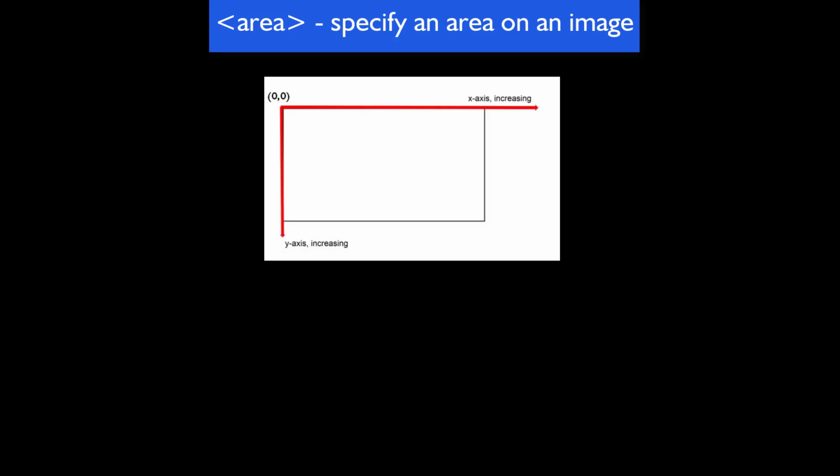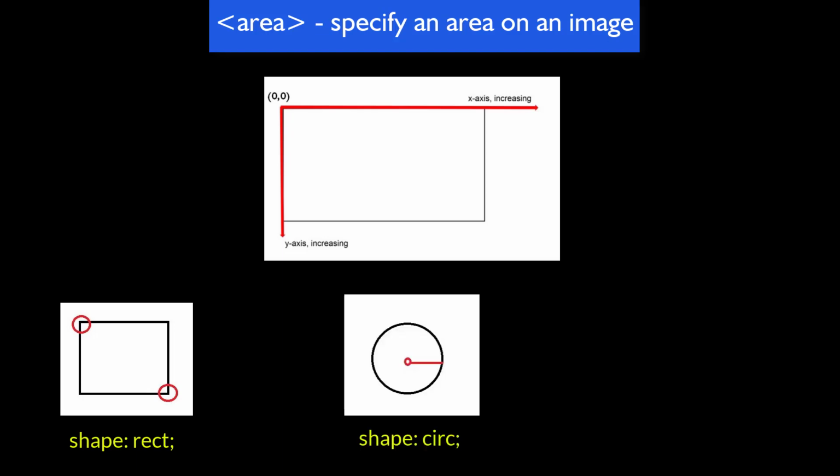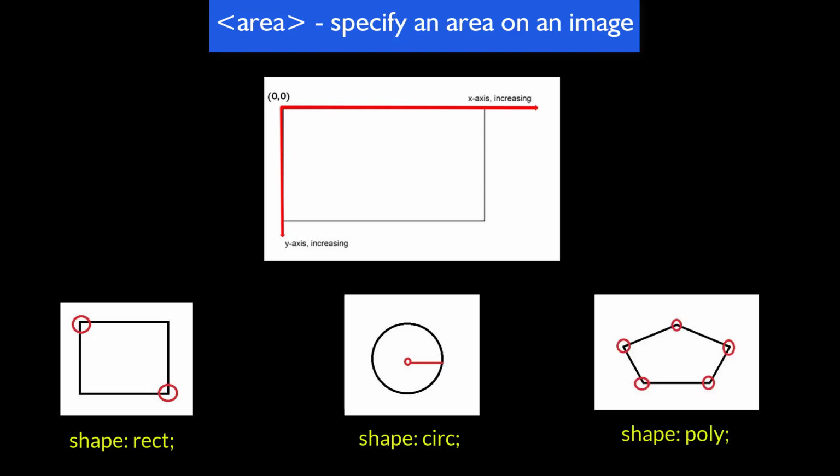The axes are like this, which is not traditional, so it requires some attention. For a rectangle, you specify the coordinates of the upper left and lower right corners. For a circle, you specify the coordinates of the center, followed by the length of the radius. And for a polygon, you specify the coordinates for all points as steps along a line, and the first and last point should be the same.